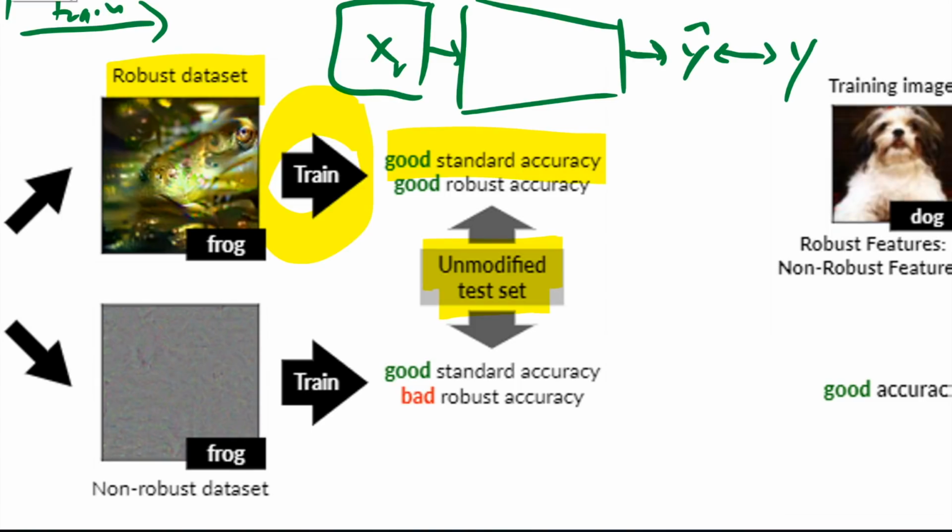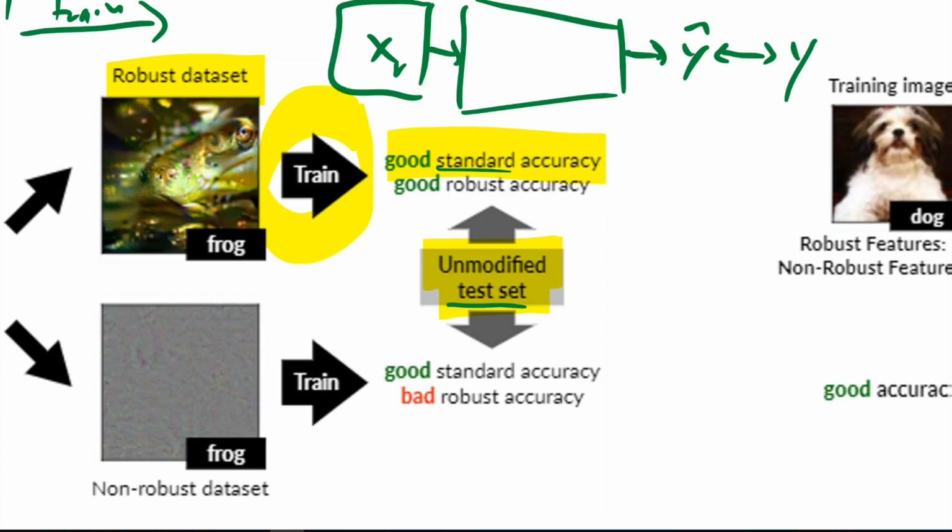So that basically means that the robust features are predictive and they generalize well. If I train a classifier only on robust features, it can actually classify the test set well.